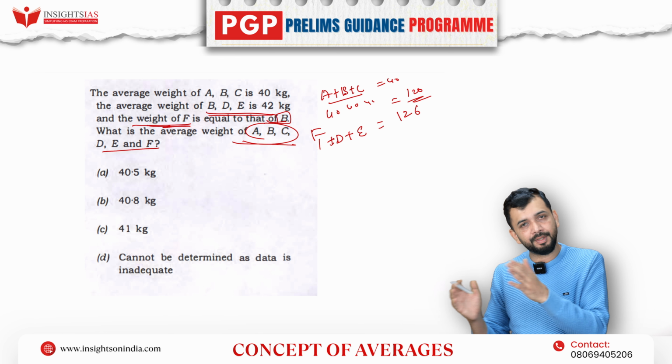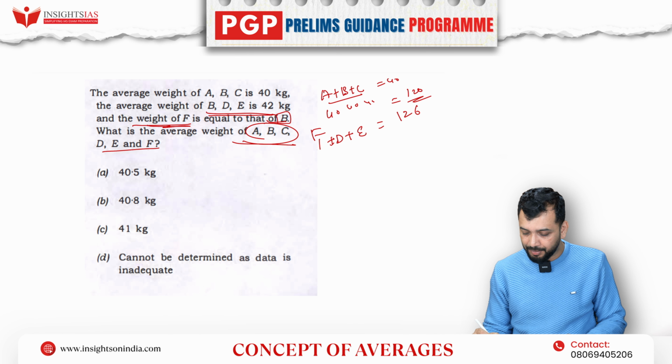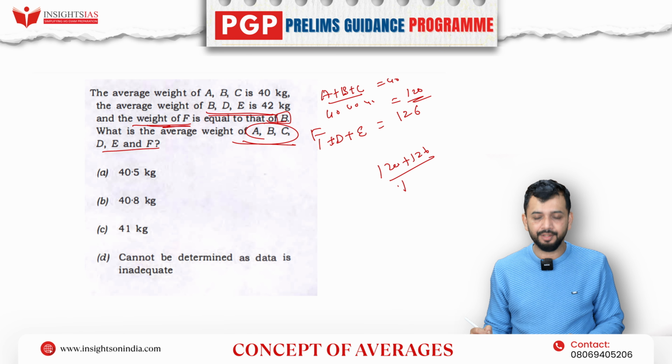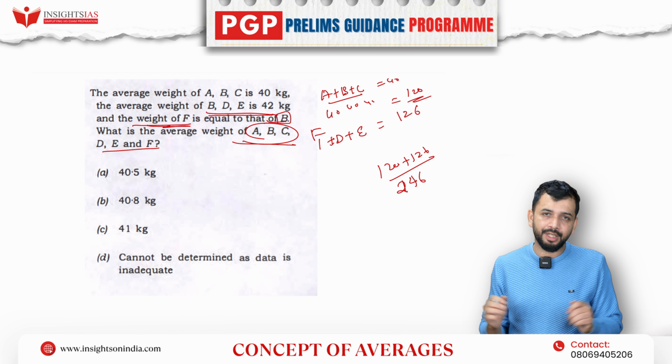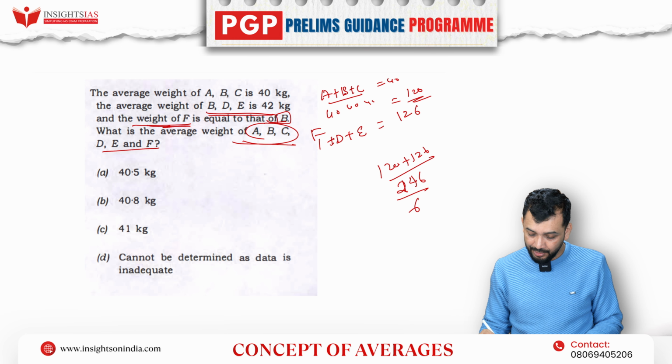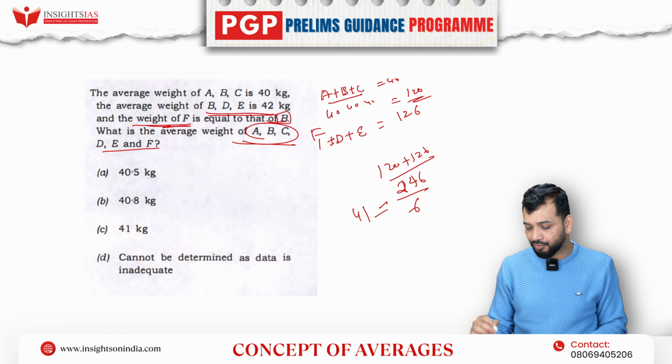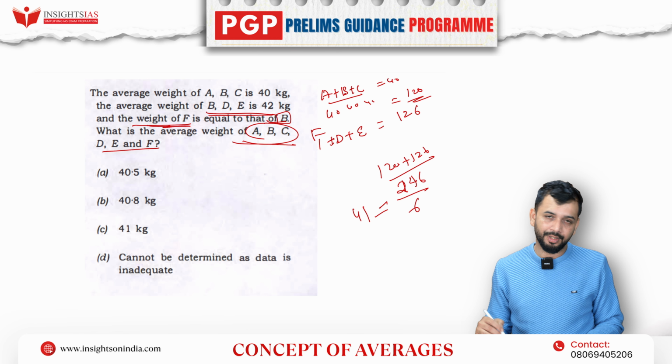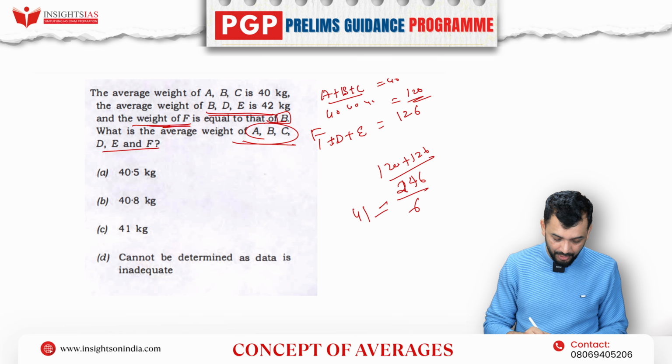So A plus B plus C plus D plus E plus F will be 120 plus 126, that is nothing but 246. Now if the total sum of the weight is 246, how many people are there? 6 people are there. If I want to take the average, it is 41. 6 fours are 24, 6 ones are 6. So that will be 41.